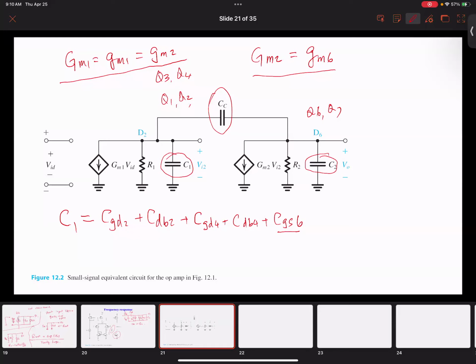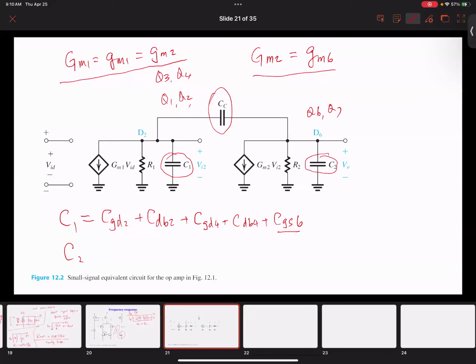which has nothing to do with CC, okay? And then we have C2, which is the second stage, that is equal to CDB6, which is the drain to body capacitance, plus CDB7, which is drain to the body, plus CGD7, and then plus CL.